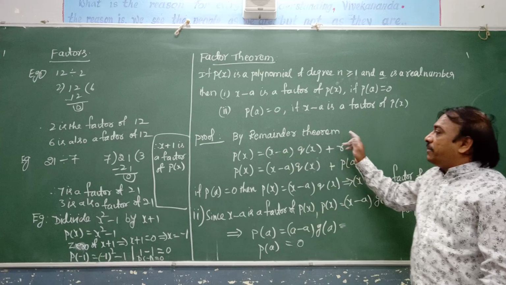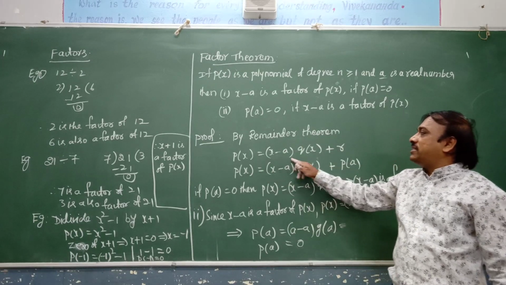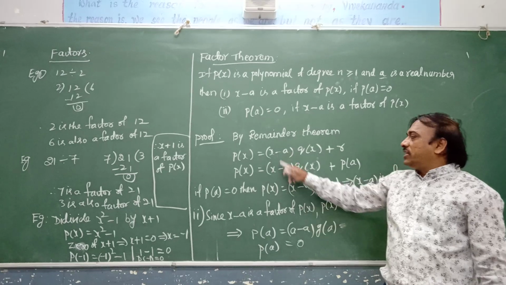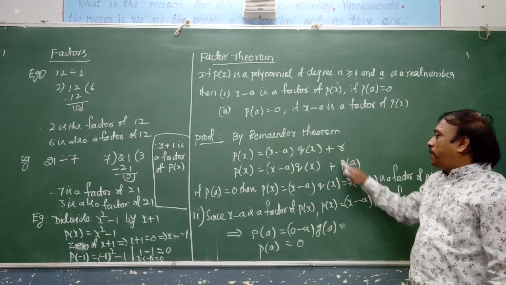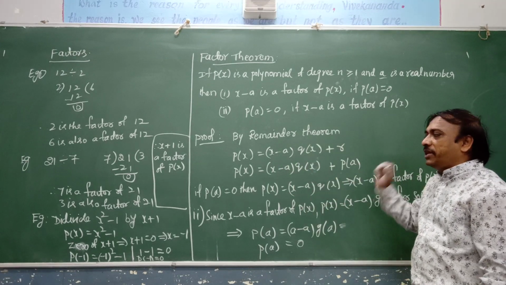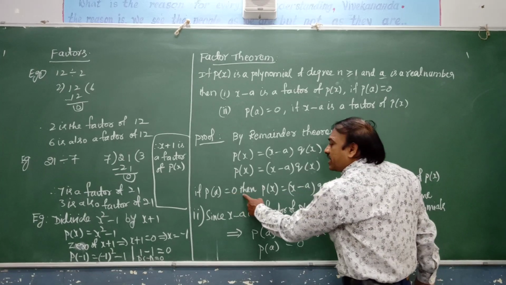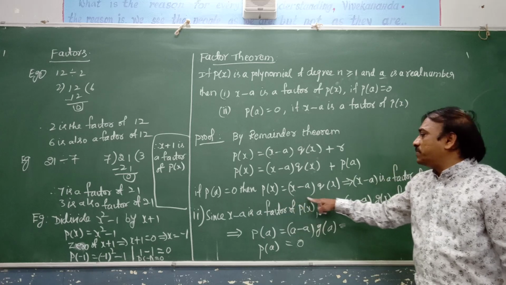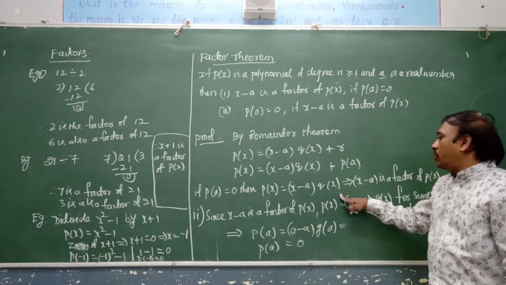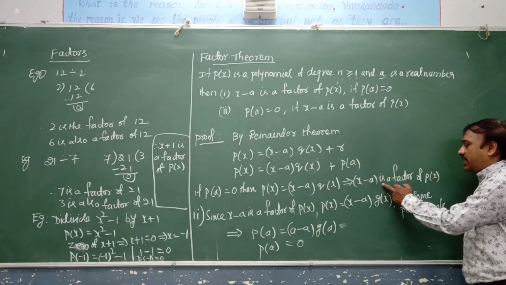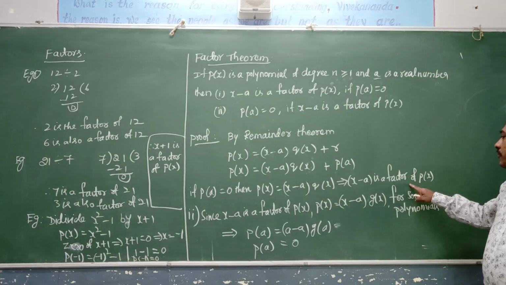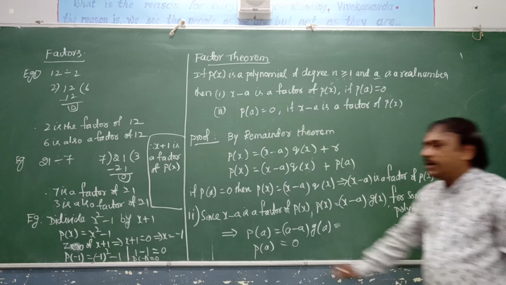By remainder theorem, p of x is equal to x minus a into q of x plus r, where p of x is equal to x minus a into q of x plus, what is the remainder? That is p of a. If p of a is equal to 0, then p of x is equal to x minus a into q of x, which means x minus a is a factor of p of x.